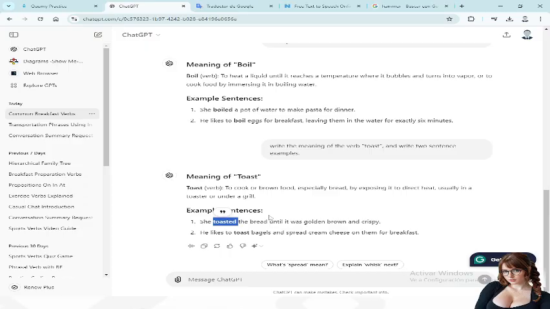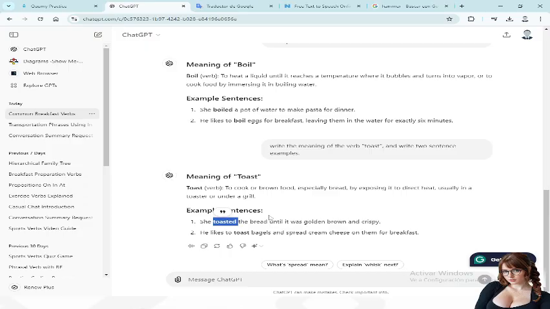She toasted the bread until it was golden brown and crispy.